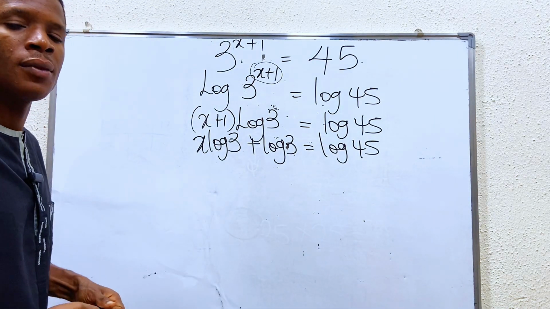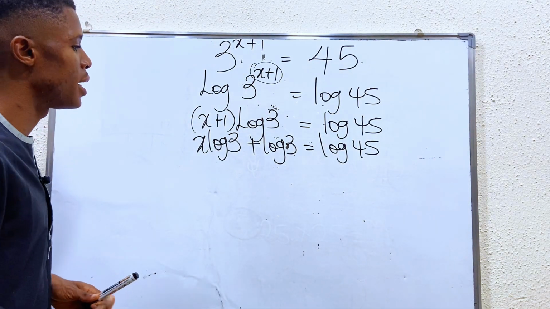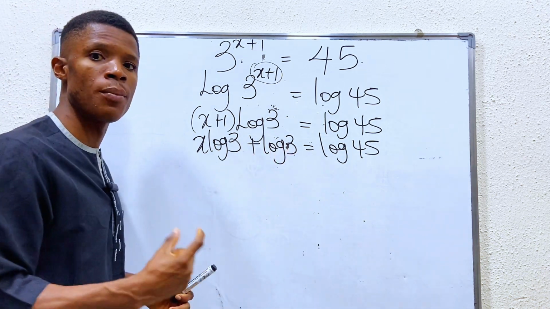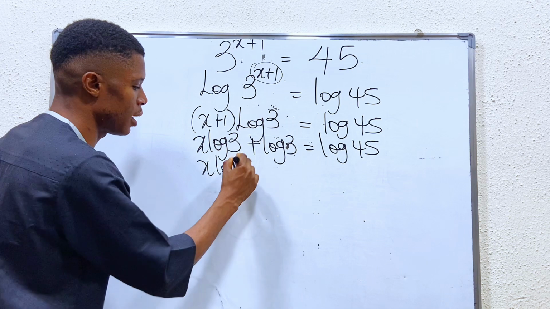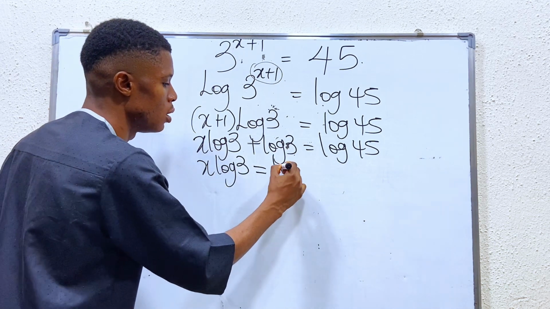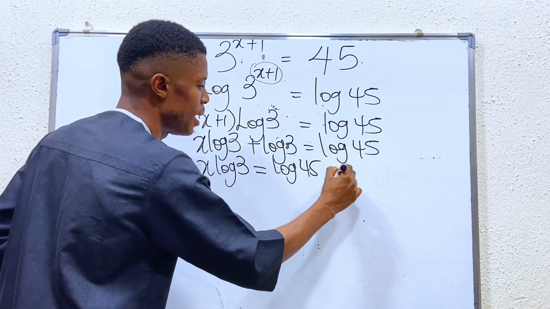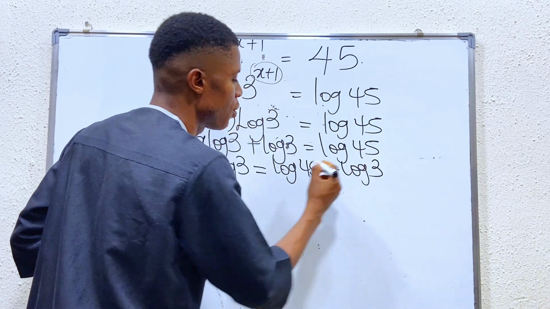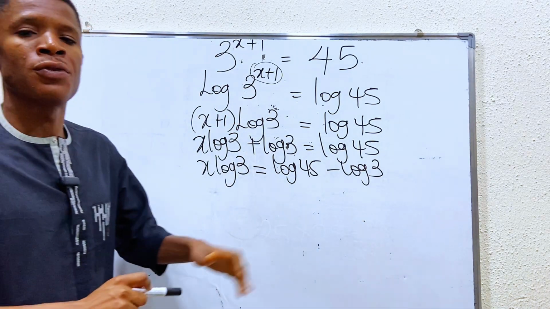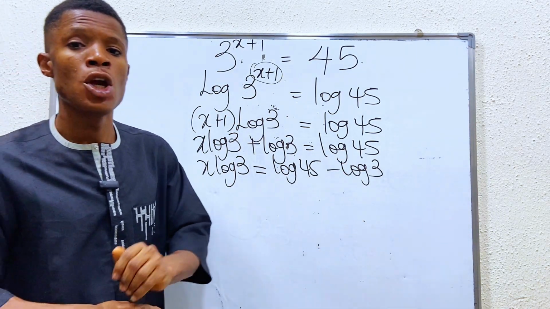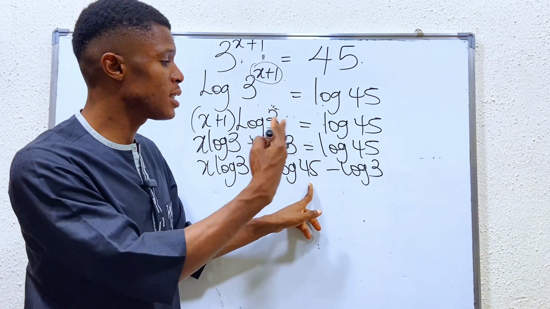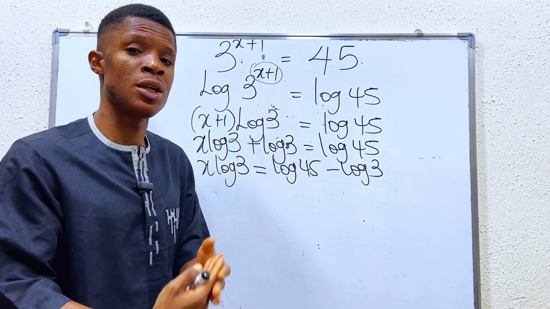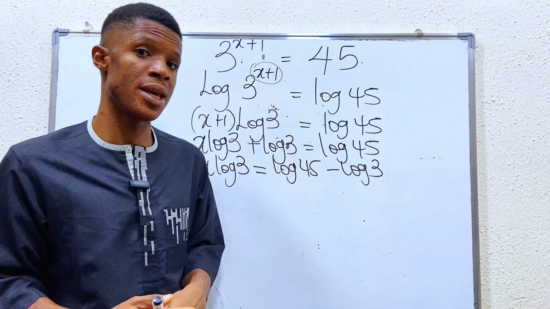The next thing you have to do is subtract log 3 from both sides. So you have x log 3 is equal to log 45 minus log 3. From the right-hand side of the equation, you also have to notice one thing: you are subtracting two logs, and both of them are of the same base.